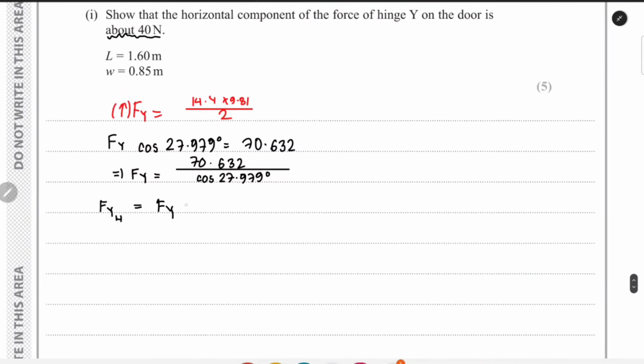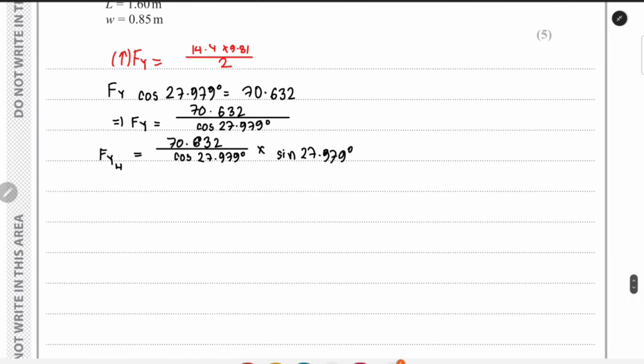So Fy is 70.632 by cos 27.979 into sine 27.979. So we'll get 70.632 times tan 27.979. You don't need to find this over here, we can just put the values in.